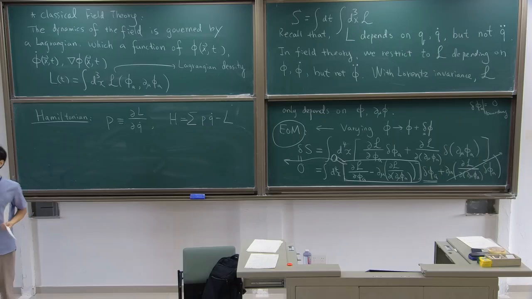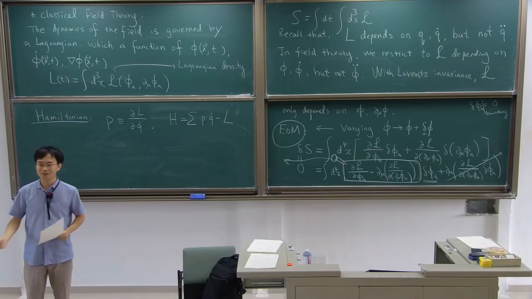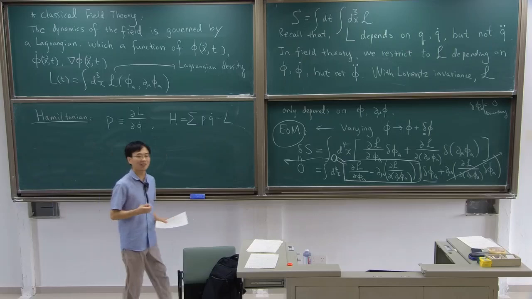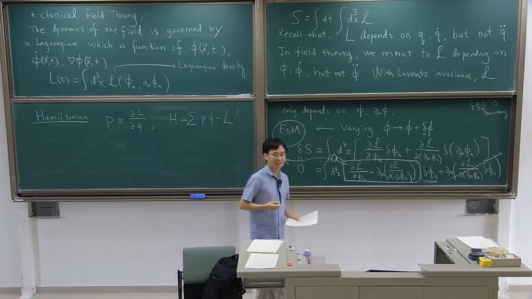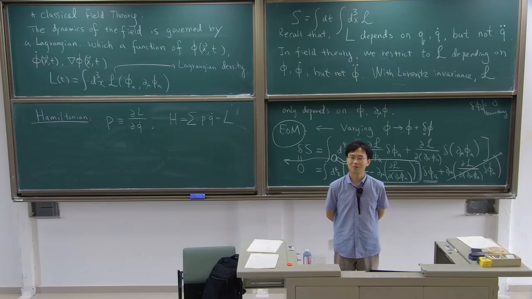Well, from last time we emphasized that field theory is about the continuum, or infinite degrees of freedom. Then you may worry a little bit whether this is trivially generalized from classical mechanics, which quite often has a finite number of degrees of freedom.